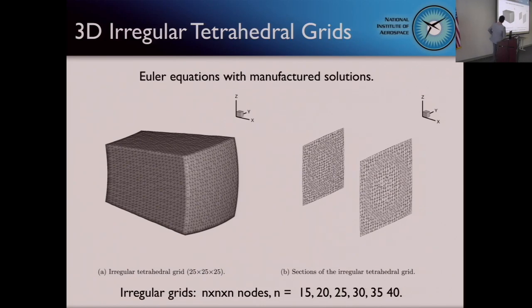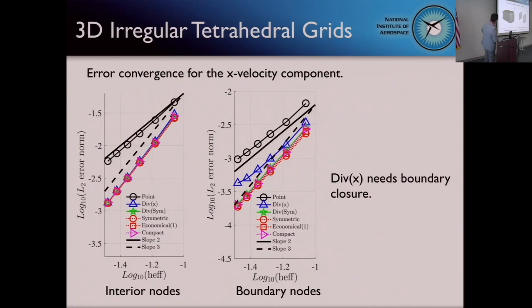And we have 3D verification with Euler equations with manufactured solutions. The irregular grids, this is a curved cube, n by n by n, and it goes from 15 to 40 using manufactured solution. And we implement all these formulas into FUN3D to verify the accuracy.